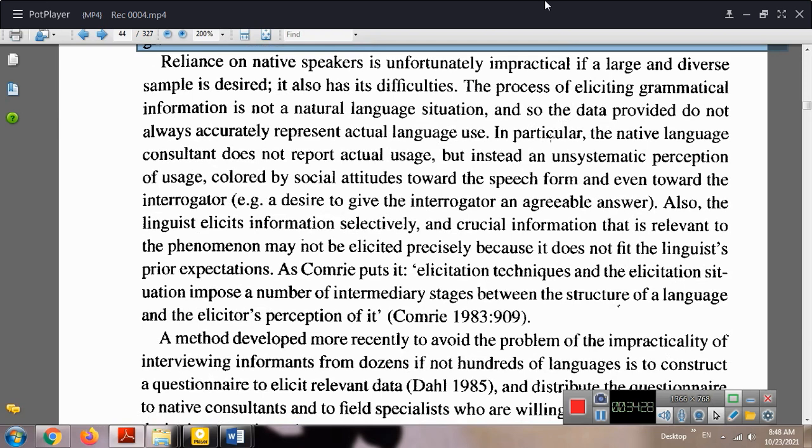In particular, the native language consultant doesn't report actual usage, but instead on systematic perception of usage colored by social attitudes toward the speech form and even toward the interrogator, a desire to give the interrogator an agreeable answer.